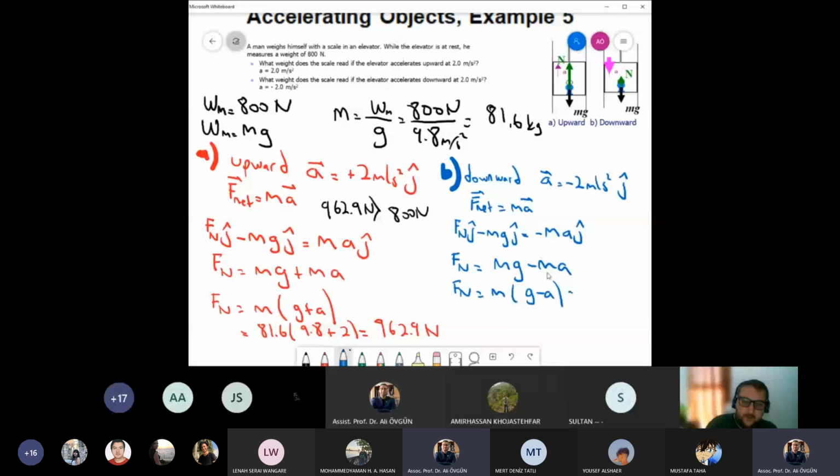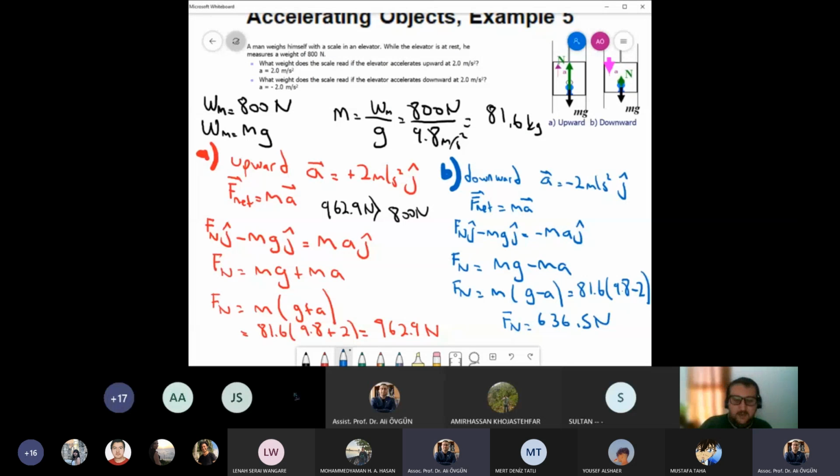When you put the values, 81.6, g is 9.8, a is 2, minus 2. So from here, F normal becomes 636.5 Newton.